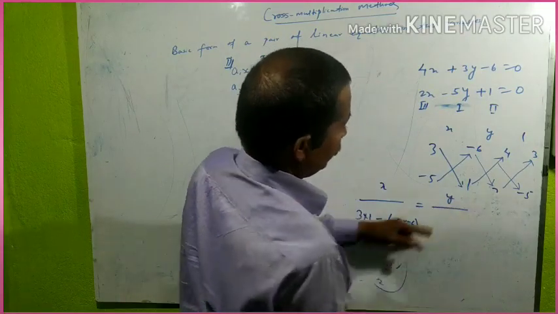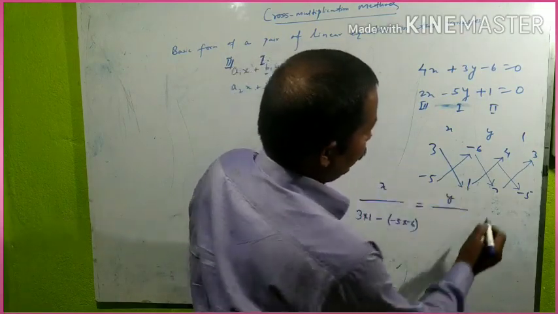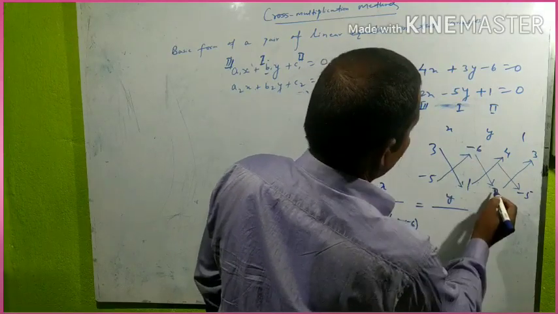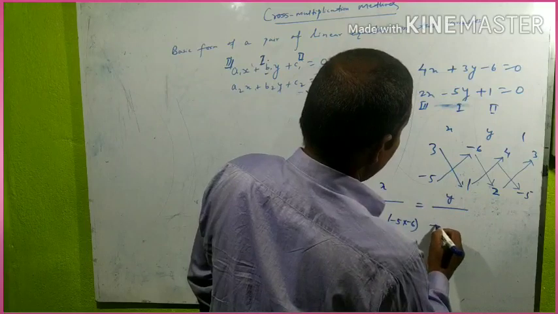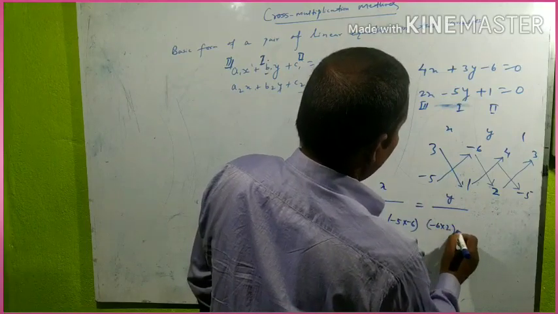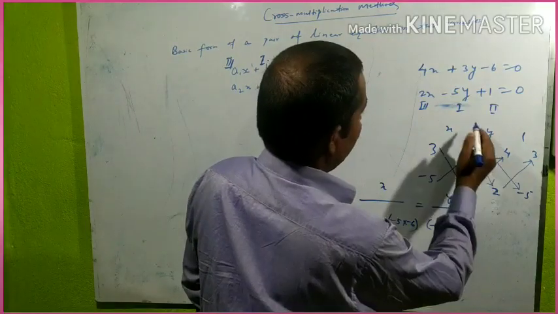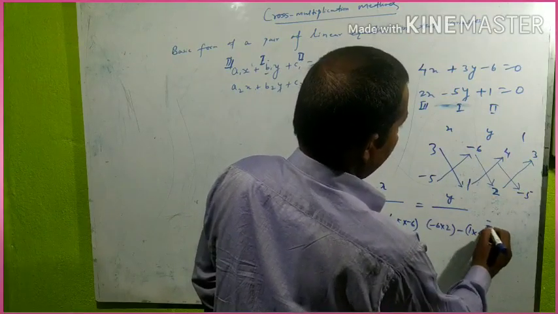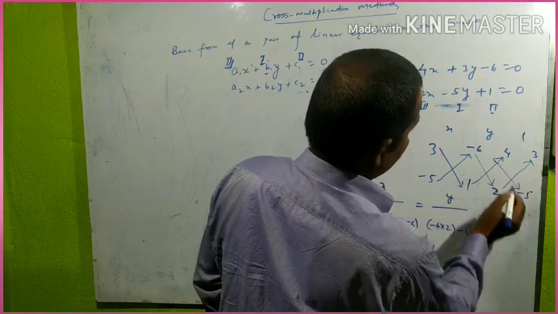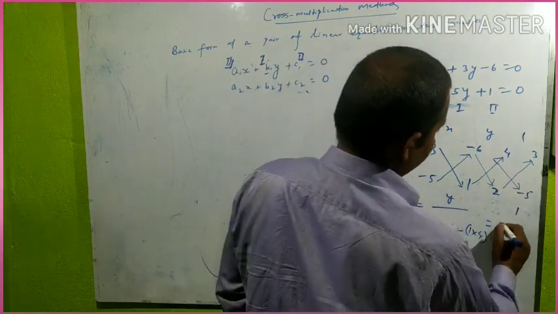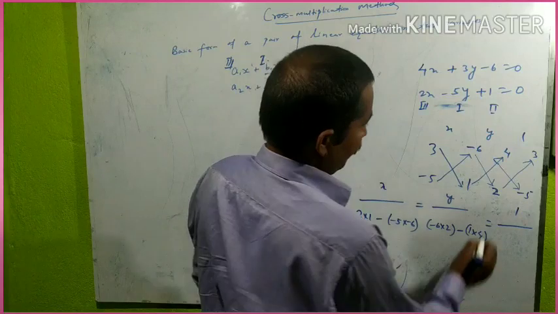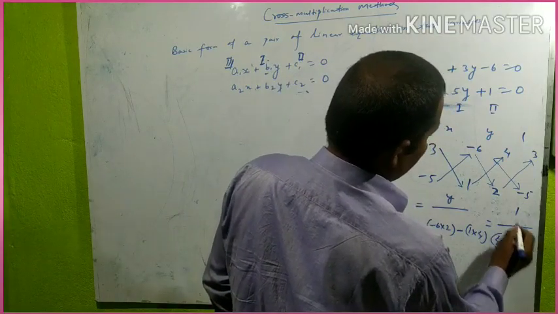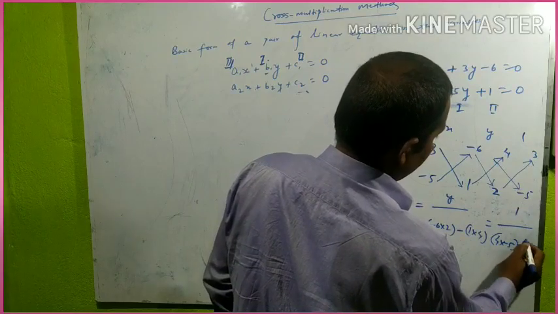Y, look here, minus 6 into 4 and 2, minus 6 into 2 minus 1 into 4 is equal to, look here, 1 by 4 into minus 5 minus 2 into 3.